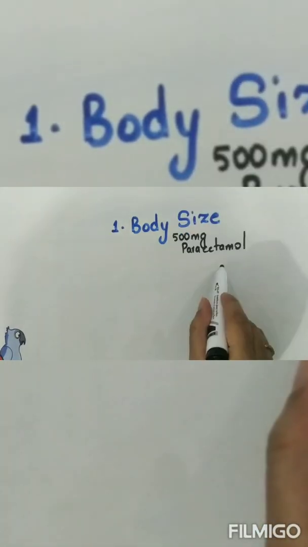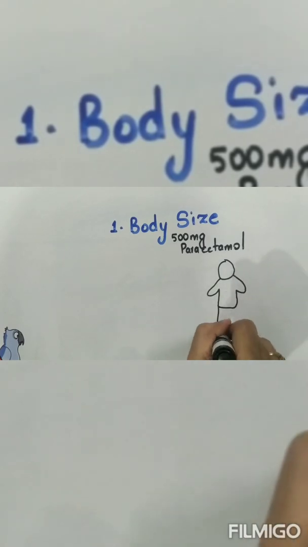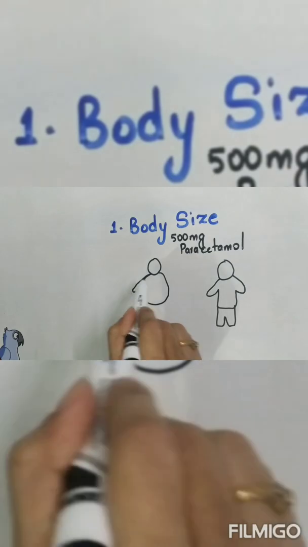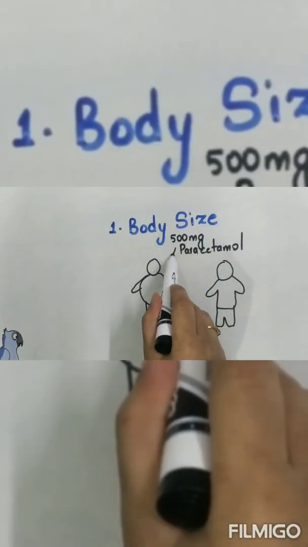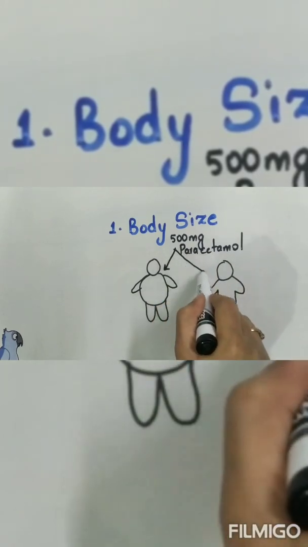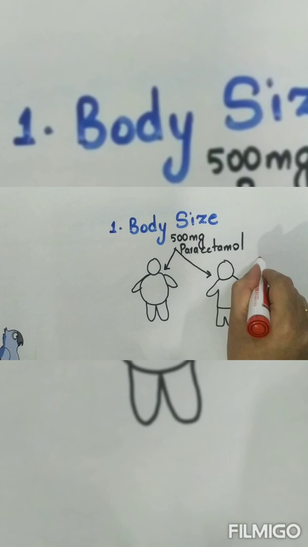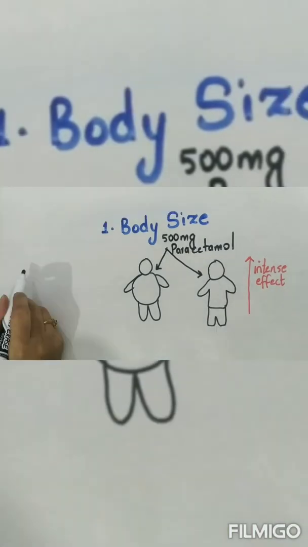I'm going to take the similar medicine, paracetamol, and the similar dosage, 500 milligrams, but this time I'm going to give it to two people. One is a thin man and one is a fat man. Excuse the drawing. Now this similar dose is given to both of them, but we would eventually find out that the extent of severity and intensity of the effect is going to be shown more on the thinner man.